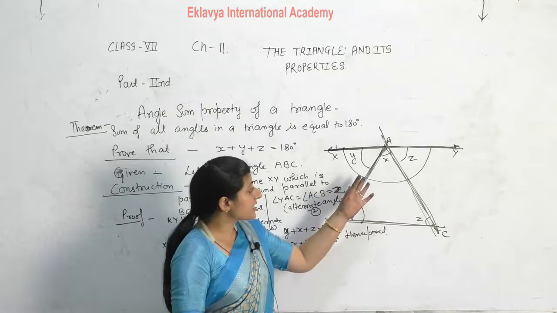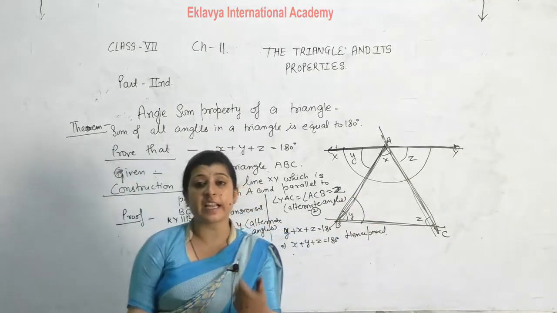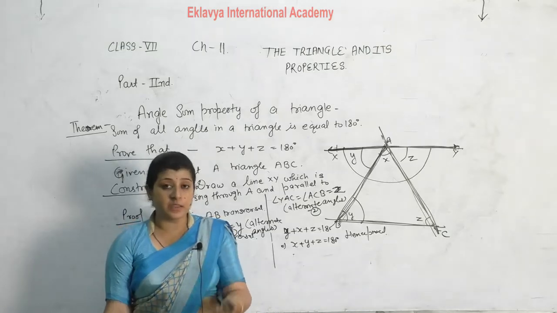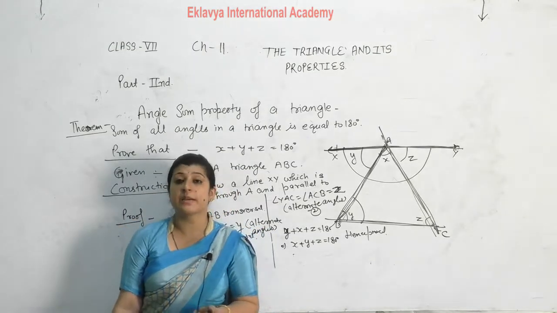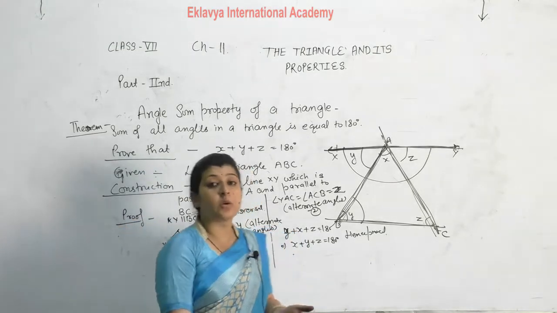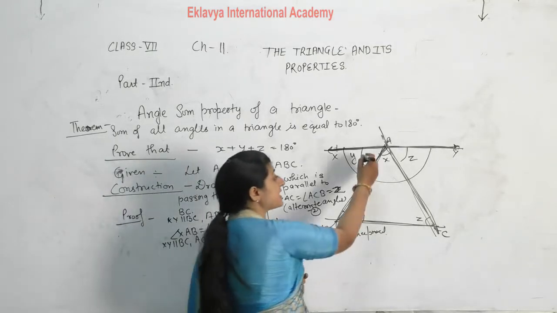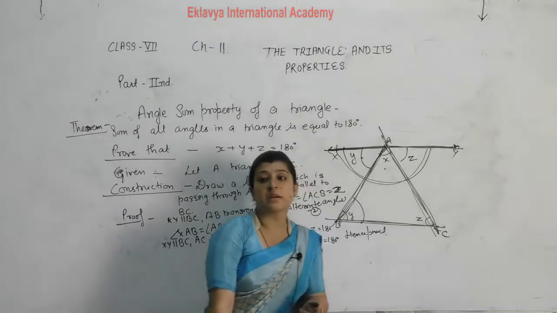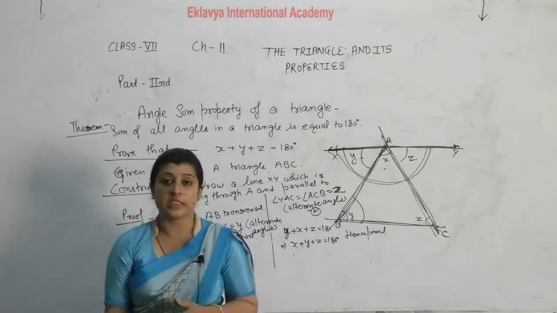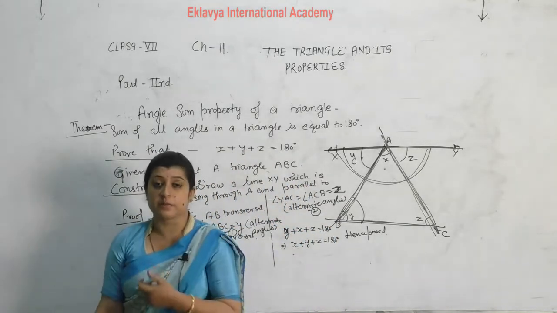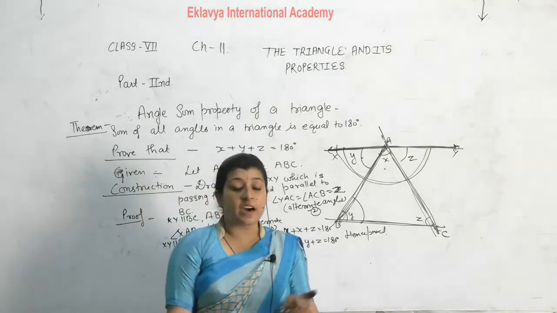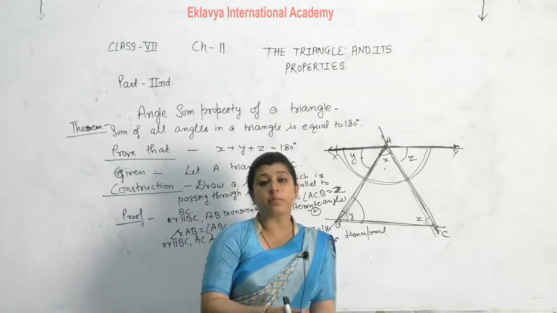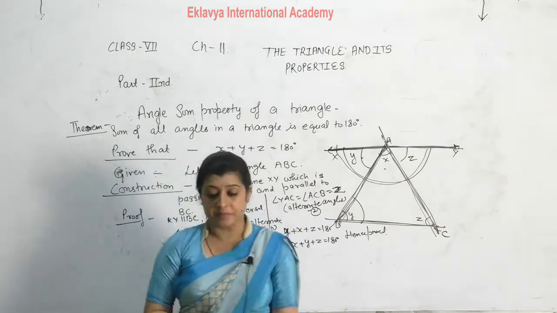And the second concept we use is that the sum of the adjacent angles on the same side of a line is equal to 180 degrees. So we use these concepts. So what is the basic important property of a triangle? That is the angle sum property of a triangle.